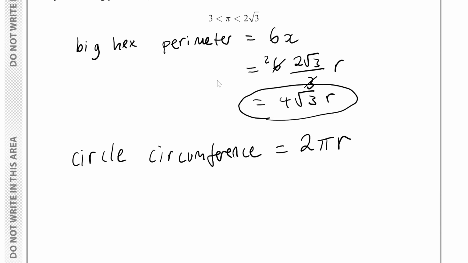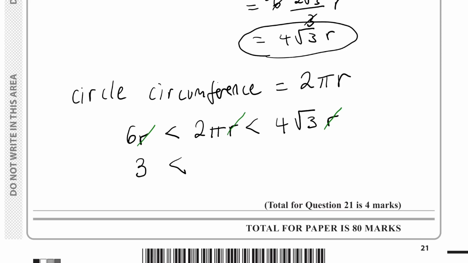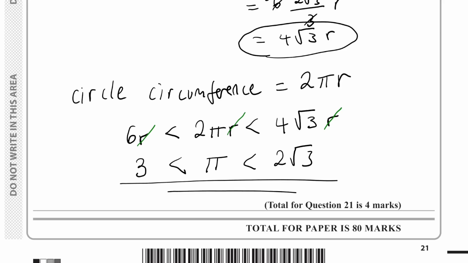So the small one was 6r. The circle is 2 pi r, and the big one is 4 root 3 r. If we divide through by r, and then halve everything, we get 3, pi and 2 root 3, which is what we wanted.